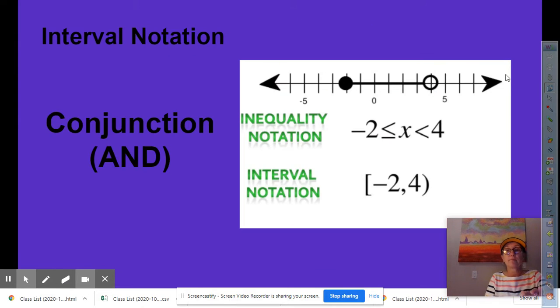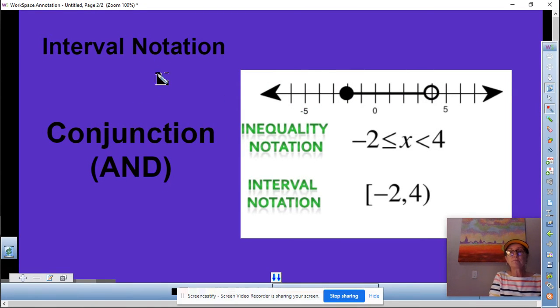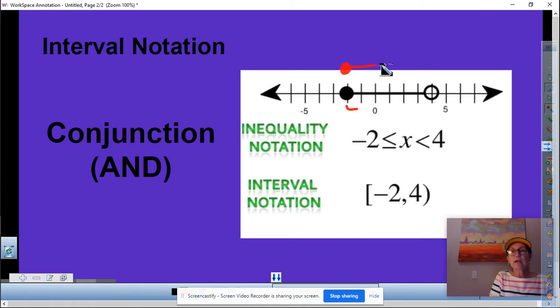Okay, so look at this example here. This is a conjunction. Now this is the result after the problem was done. We graphed x is greater than or equal to -2, so we had something going this way, and then x is less than 4, so we had an open dot and going that way. And remember, we were only interested in the overlap.